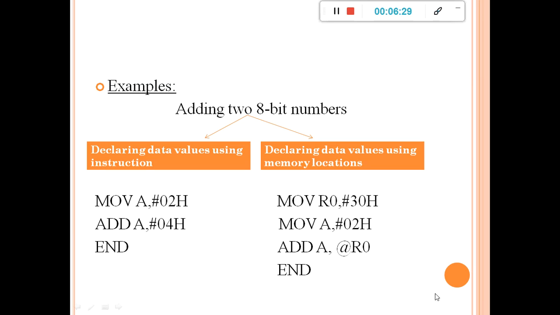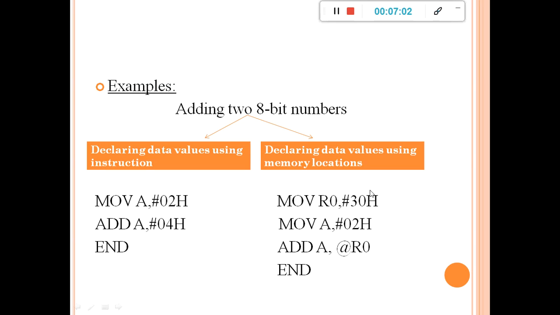The second instruction is MOV A, #02. Again, the immediate 8-bit data is moved into the accumulator. Before execution, R0 and the accumulator may have any value, don't care about it. Once you execute the instructions, 30 has to move to R0, so you have to check whether 30 is present in R0 or not.